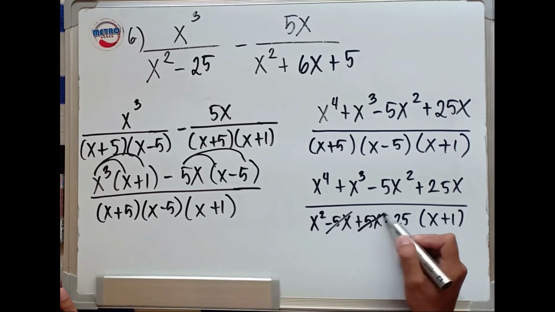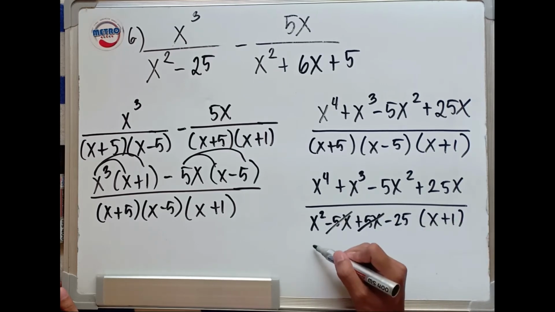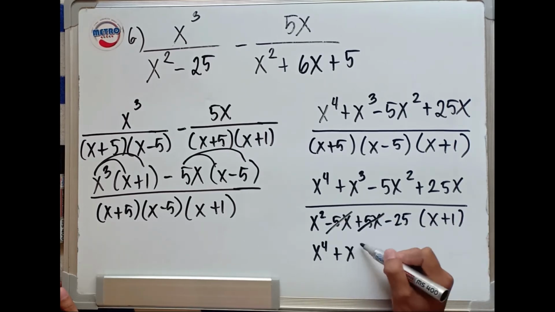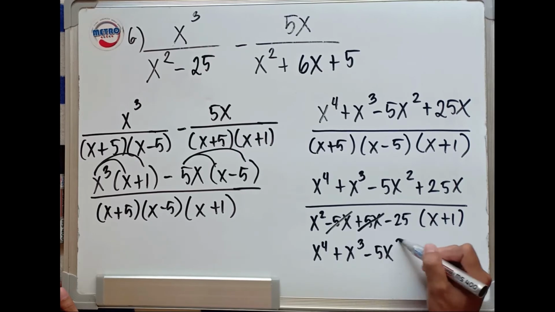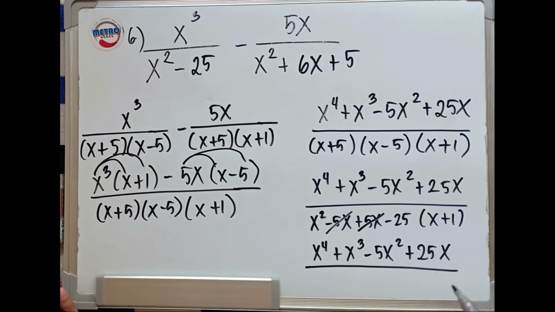You will cancel this. Then again, copy the numerator, x to the fourth plus x cubed, negative 5x squared, plus 25x. Then, x squared times x is x cubed. x squared times 1 is positive x squared. Negative 25 times x is negative 25x. And negative 25 times 1 is negative 25. Now, this will be your final answer.